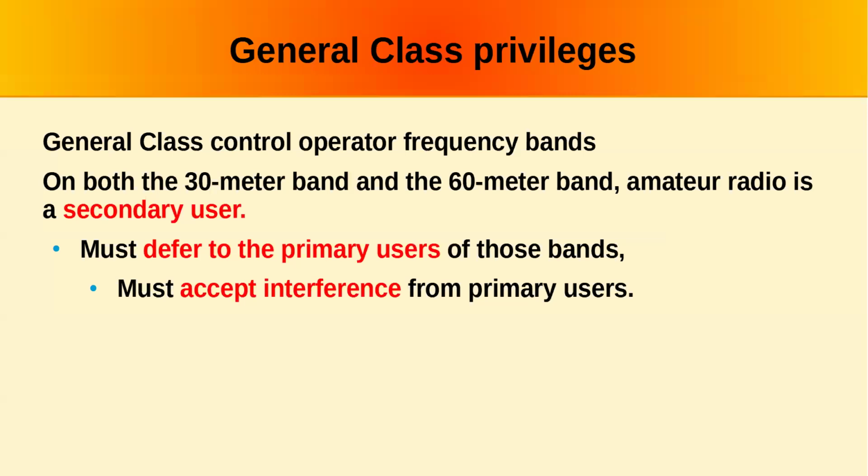So we have to defer to the primary, whoever that is, and we're not supposed to interfere. Either we change frequencies or negotiate. I'm not sure how that works. Yeah, when you negotiate as a secondary, I think you move.